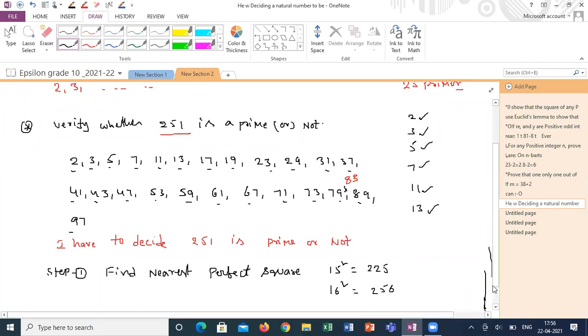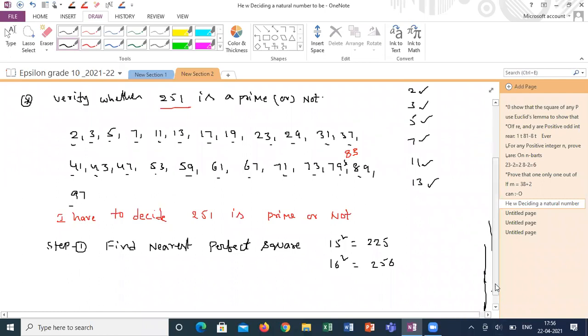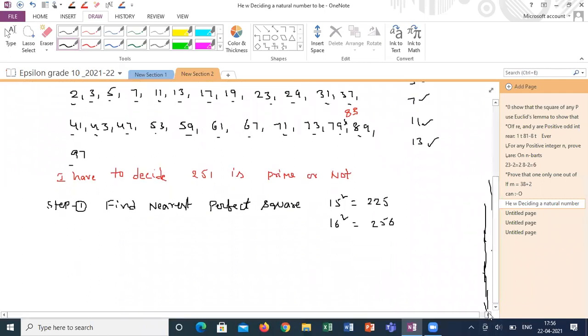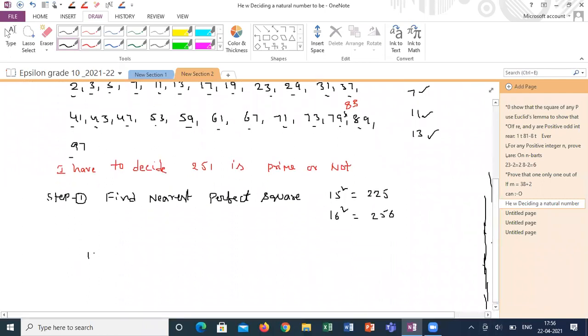Correct? Am I right, guys? Yes, sir. So the given number is in between 15 square and 16 square. Hey, we are in night session and so good. 15 square is 225, less than 251.